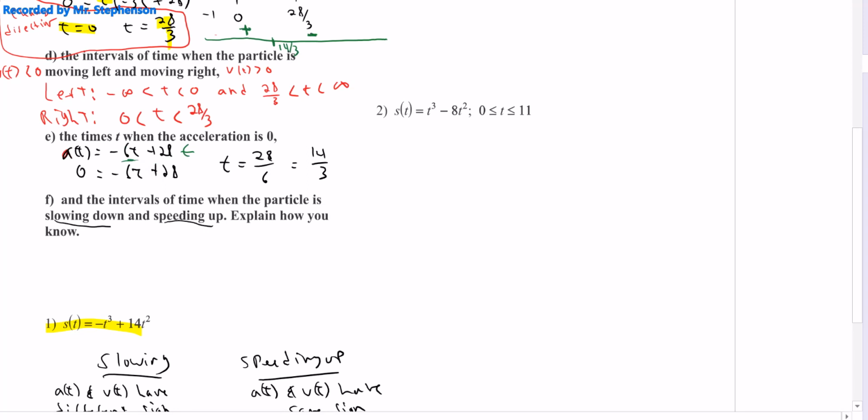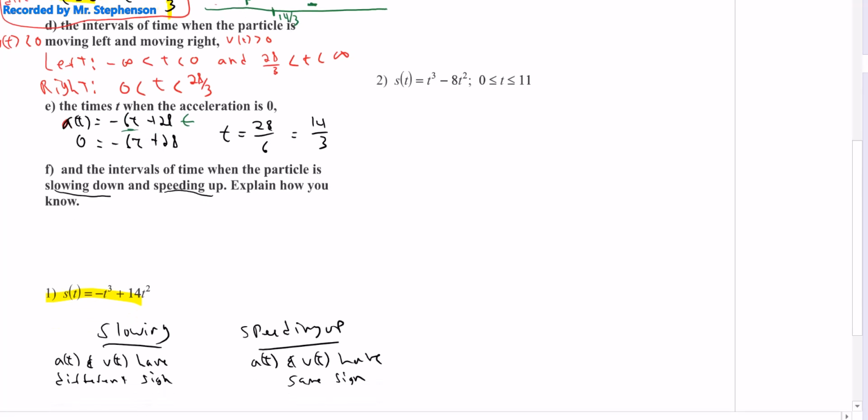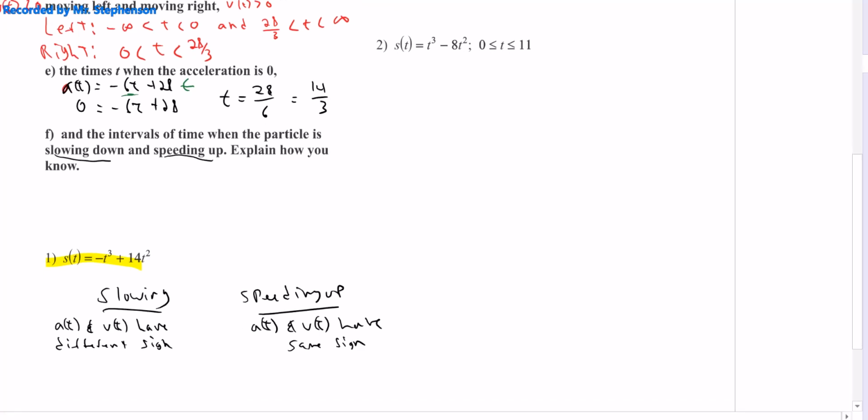So basically I'm looking at this and saying, well, on what intervals are my signs the same? And as you can see, from negative infinity to 0, my velocity was negative and my acceleration was positive. Opposite signs.